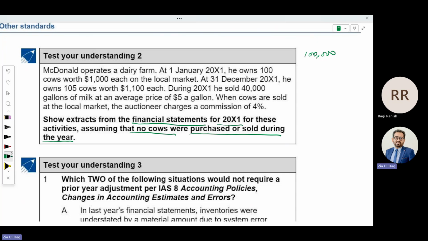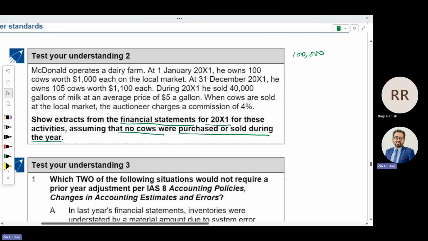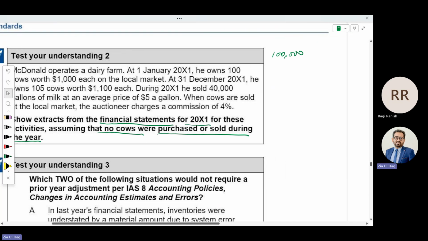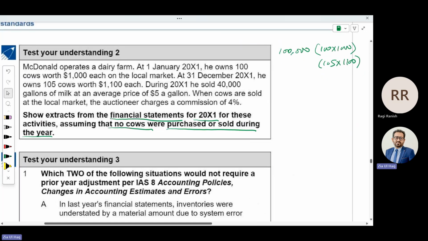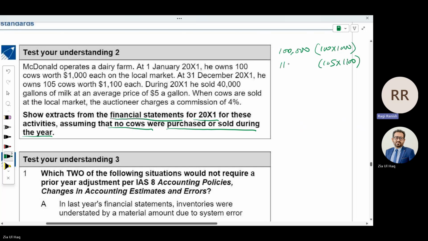At 31st December 20x1, he owns 105 cows worth 1,100. So 100 into 1,000 is 100,000. Now 105 into 1,100, how much is that? 115,500.